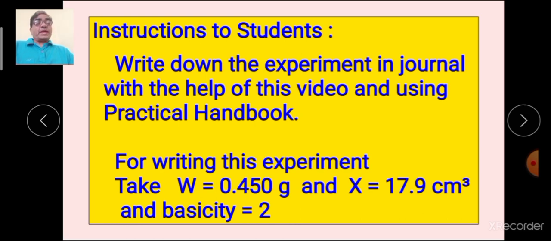For the purpose of writing this experiment, that is the organic estimation, molecular weight of an acid, you have to take the value for weight taken, W equal to 0.450 grams, the burette reading X equal to 17.9 cm cube, and basicity equal to 2.